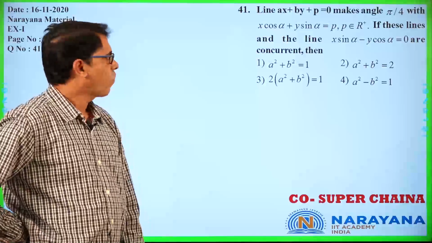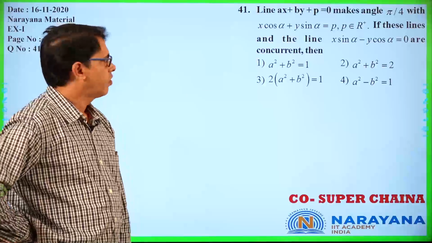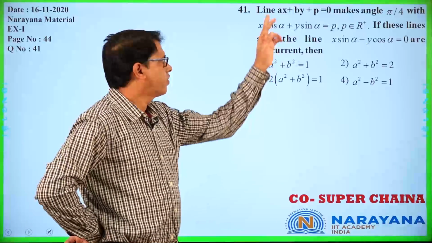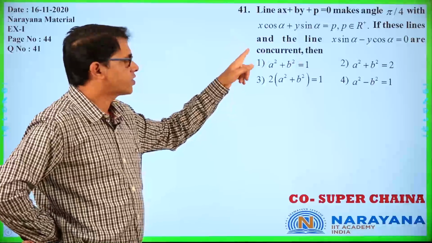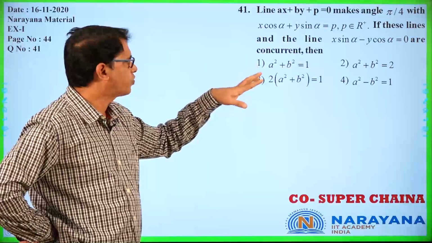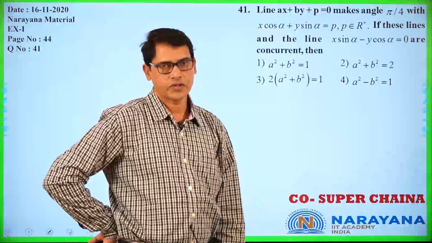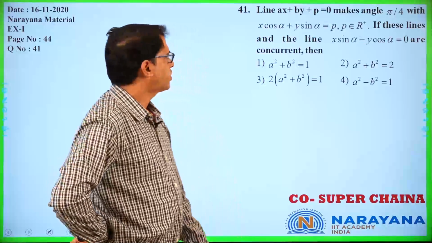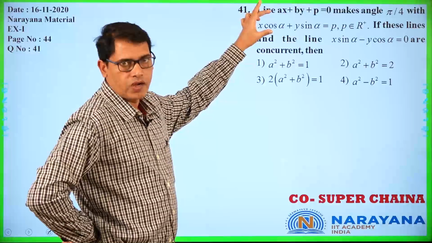Here you look at the question and you observe the given lines. So what are the given lines? First one is ax plus by plus p equal to 0 and x cos alpha plus y sin alpha equals p. Third one is x sin alpha minus y cos alpha equals 0. Okay? So now what is given? Angle between these two is given as pi by 4.